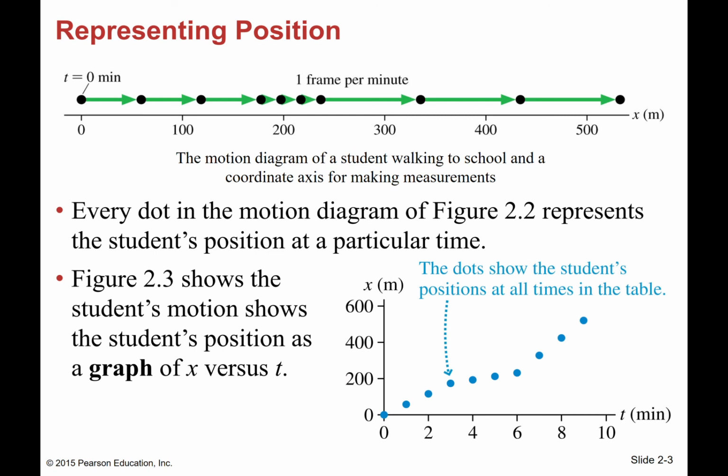And now we start transferring the points. The first one is at t equals 0. It is at position 0, which corresponds to here. Then the next one is at t equals 1 minute. It is at position 50, somewhere over here, so that is this point. The next one is at t equals 2 minutes.